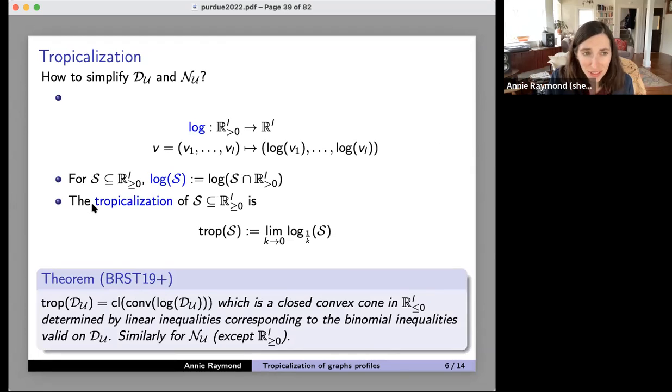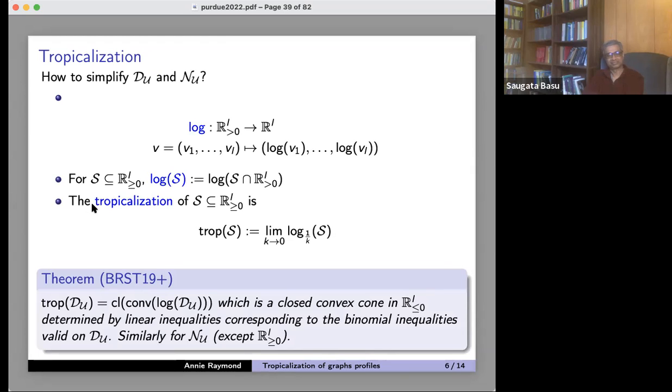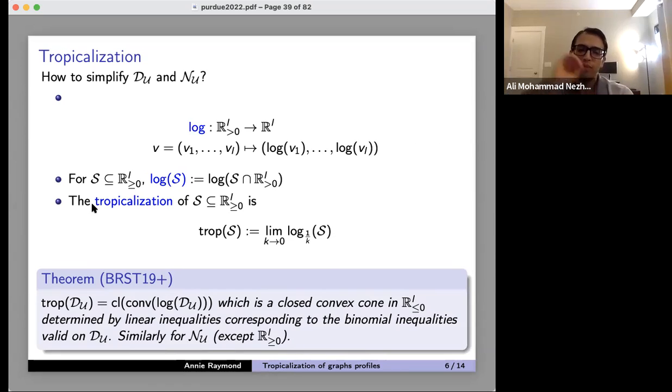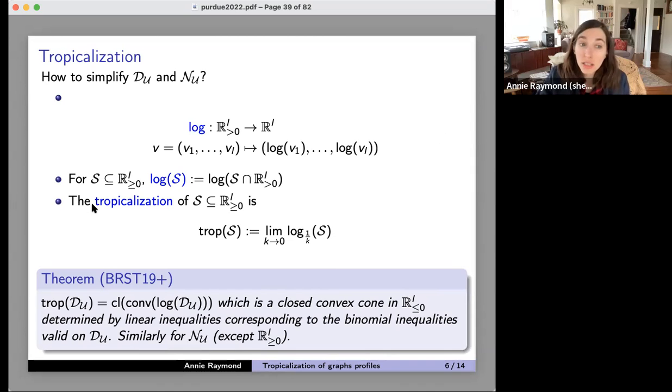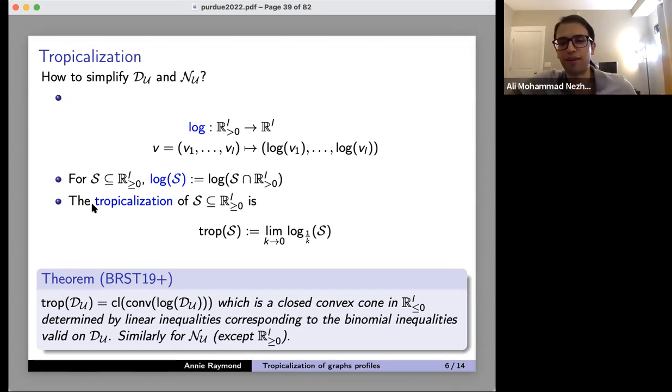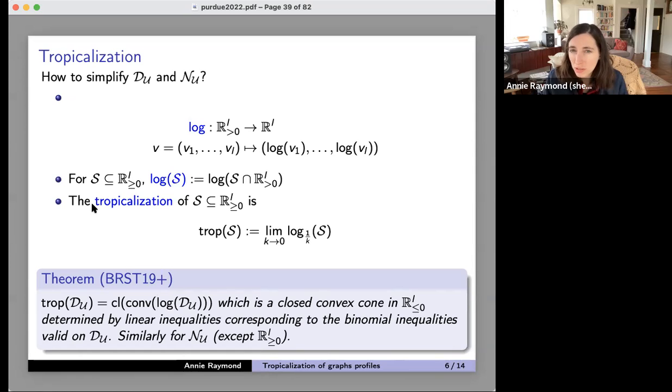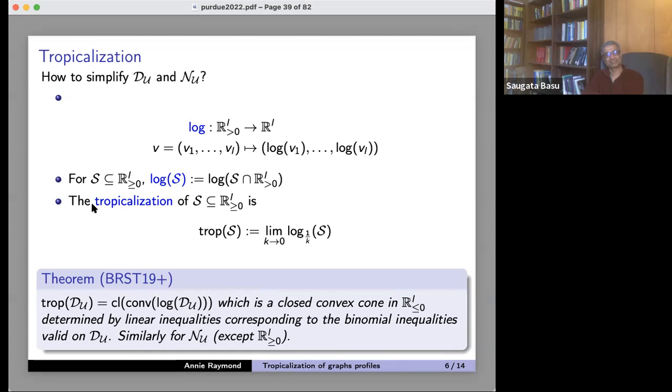More questions about tropicalization? And so why do we define the tropicalization of S that way? Why do we have limits? Where is that definition coming from? I mean, it's really coming from algebraic geometry. It's starting to be kind of a trend in algebraic geometry to tropicalize things, to simplify them.